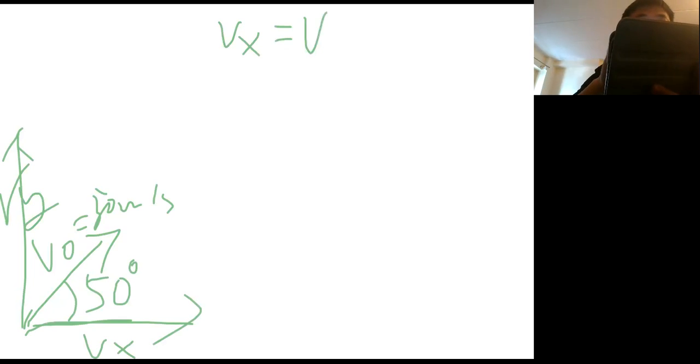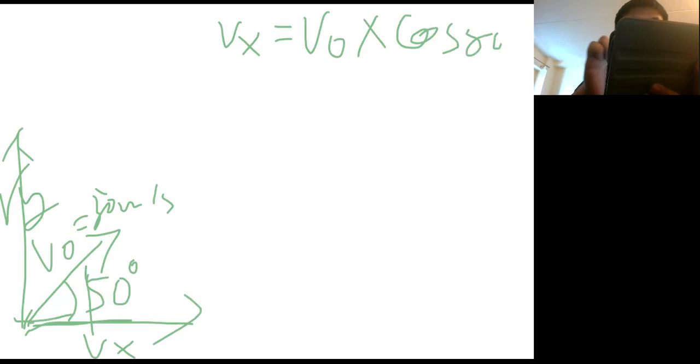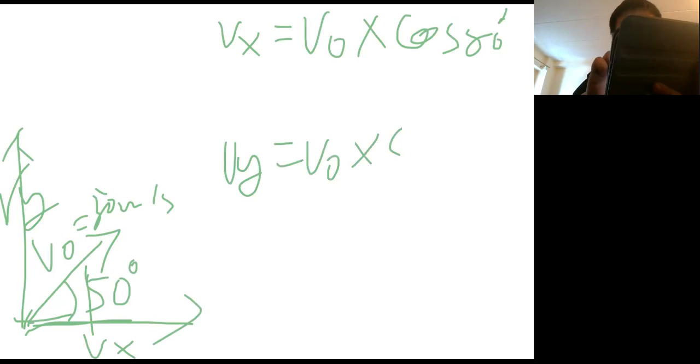The question gives us the initial speed as 30 meters per second. From that and the given angle, we can easily get the speed in the horizontal and vertical directions. Vx equals V naught times cosine 50, and Vy equals V naught times sine 50.